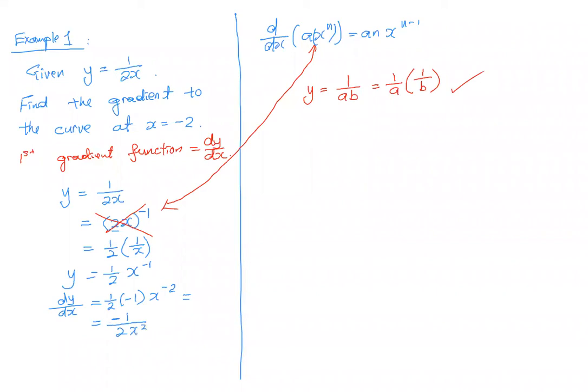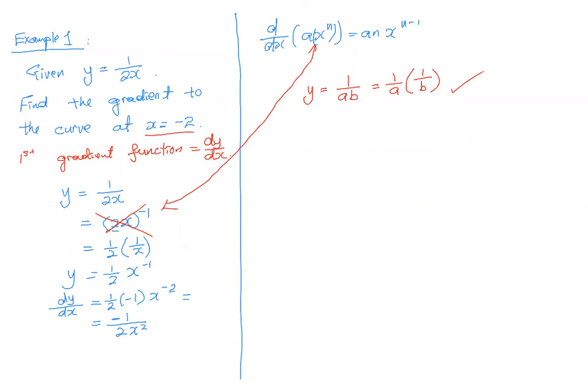All right? Okay, so now they want at x equal to -2. So now I have to write, this is just a slope function.